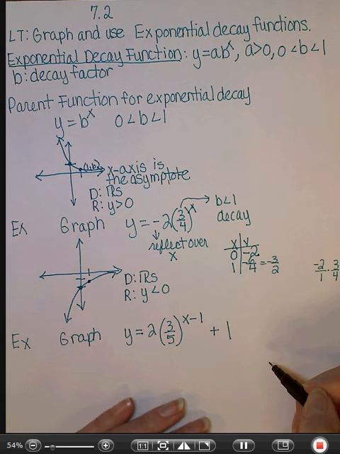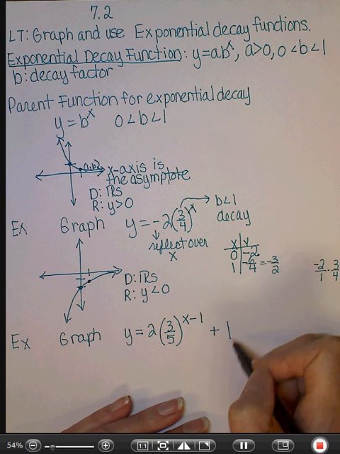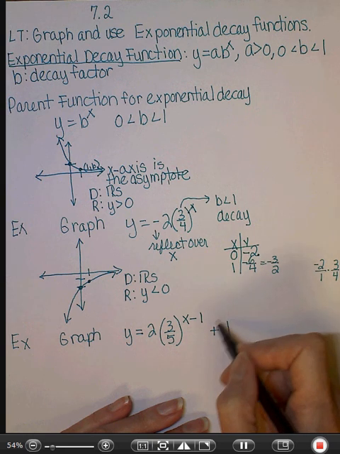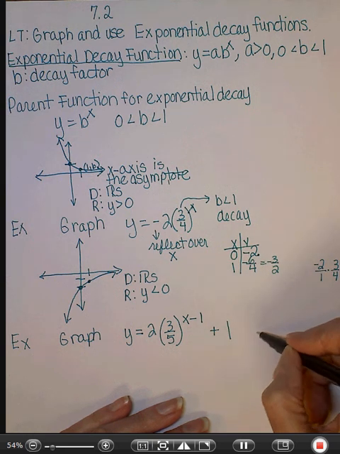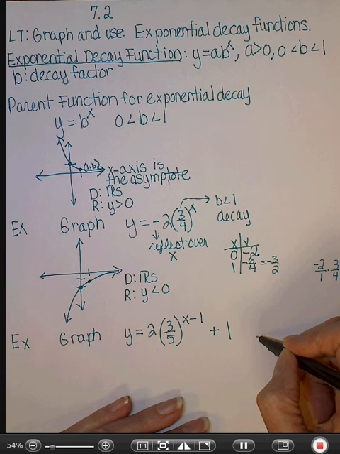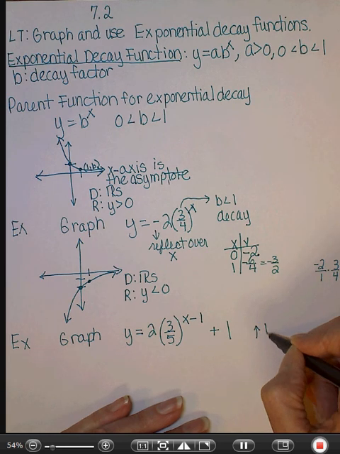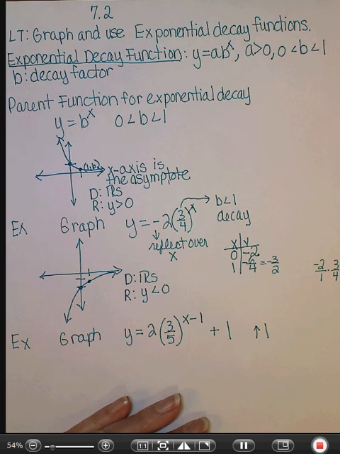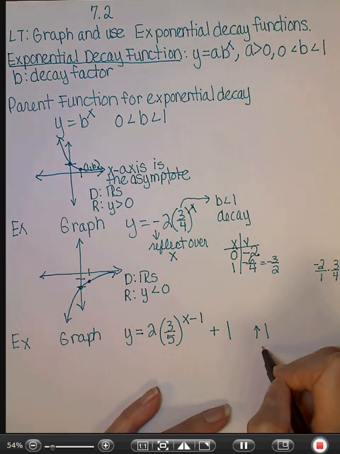Okay, just like with our growth models, if we have something added or subtracted at the end, it's going to move our asymptote. So now the asymptote is going to move up 1. I like to go ahead and put this on my graph.